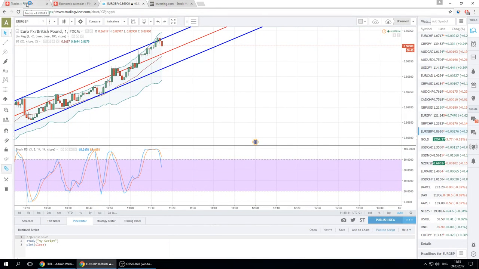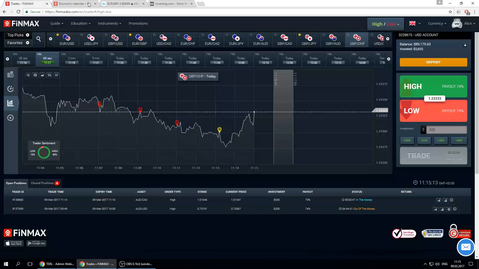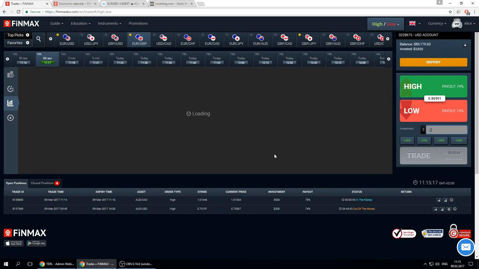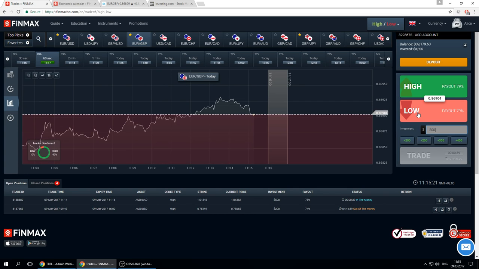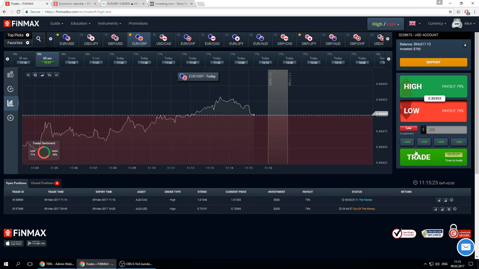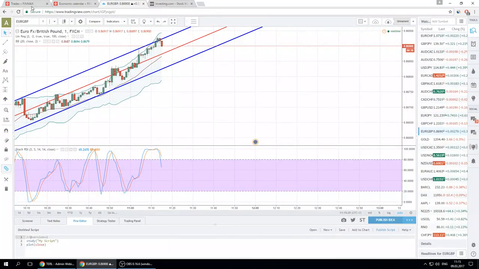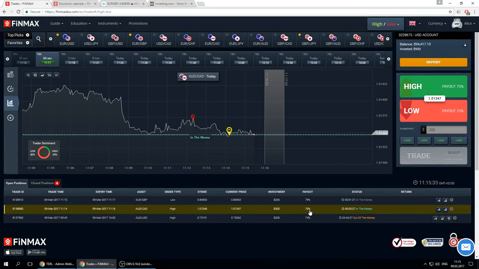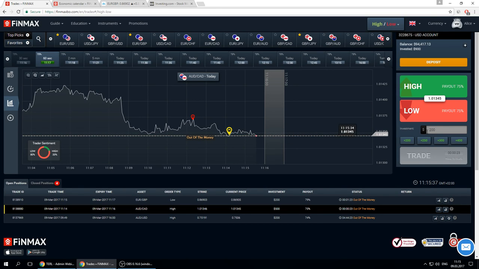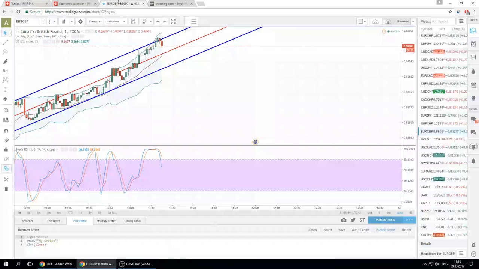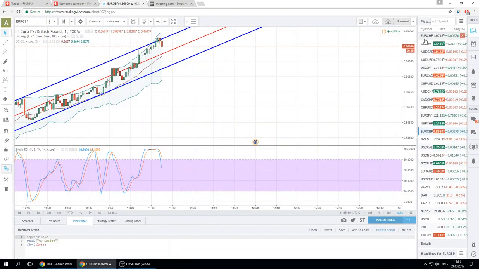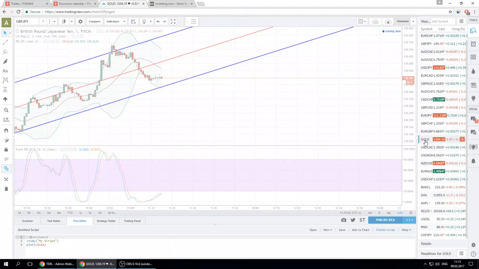Let's open the short for euro British pound. And meanwhile, we can also see what's going on with gold.